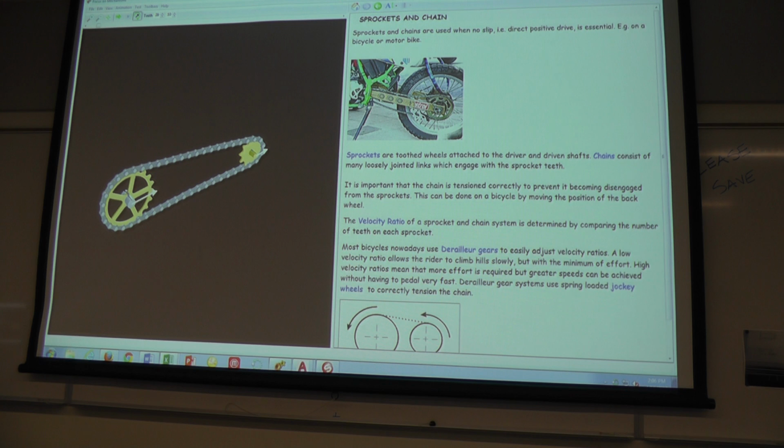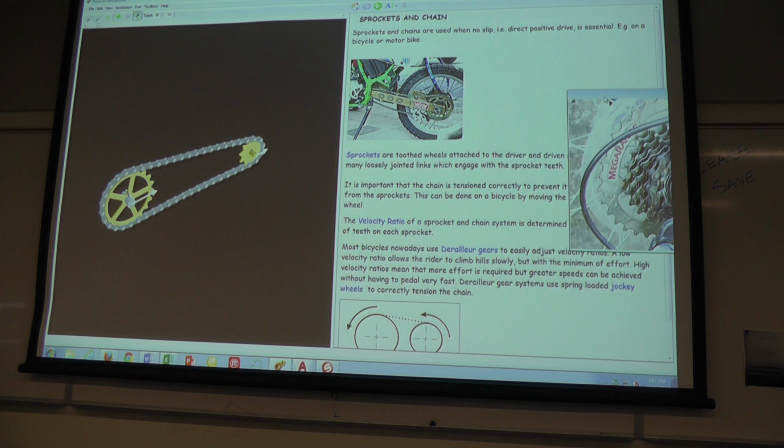Used when no slip, such as direct positive drive, is essential, such as on a bicycle or a motorbike or any other kind of a drive that you really need to have positive transfer of power. Sprockets are toothed wheels attached to the driver and driven shafts.